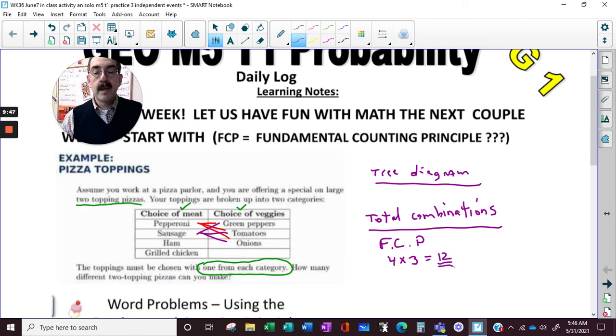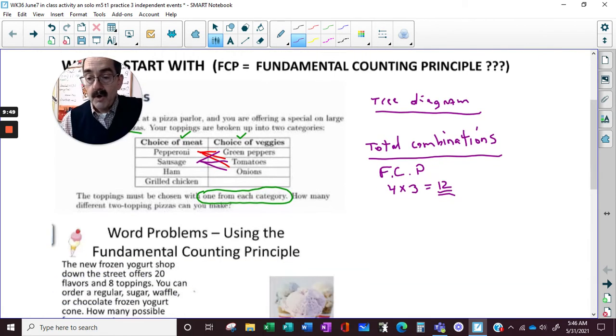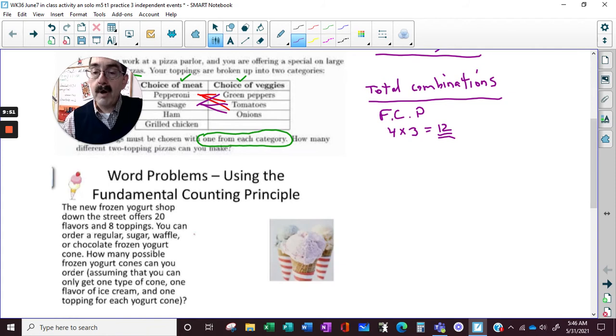Now, during that pause, I'm hoping you already did word problem number 2 with the ice cream cones. If you didn't, pause the video, go do it. I'm going to roll right through this. The frozen yogurt shop offers 20 flavors, 8 toppings.